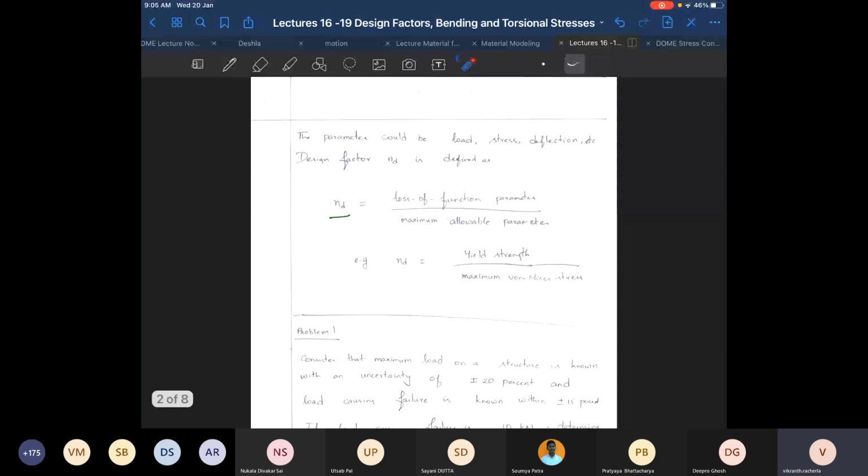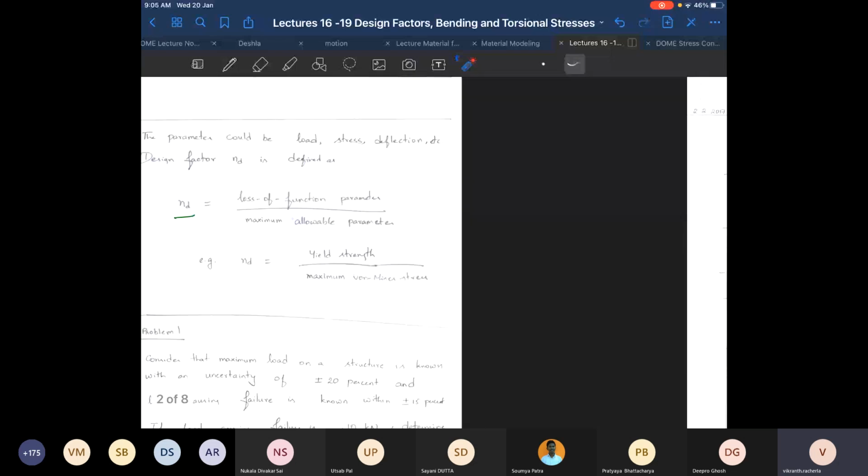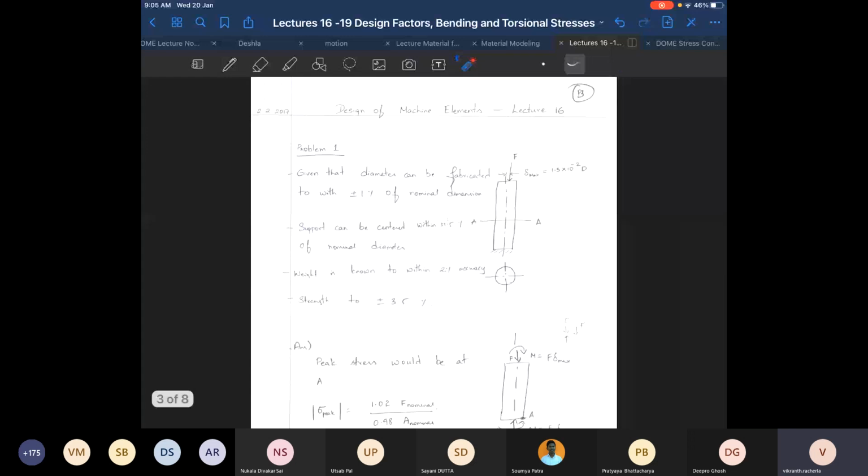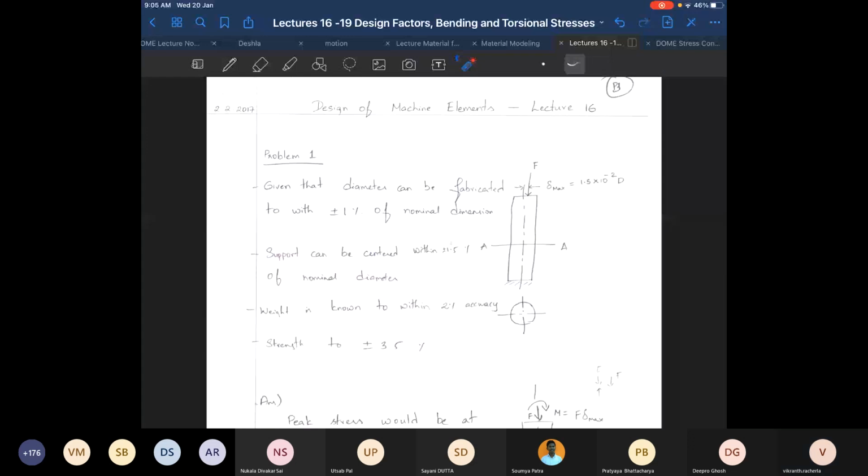Because of uncertainties in the material properties, in the loading, geometry, and a bunch of other reasons, we have to introduce the design factors in our applications. Now consider another problem.